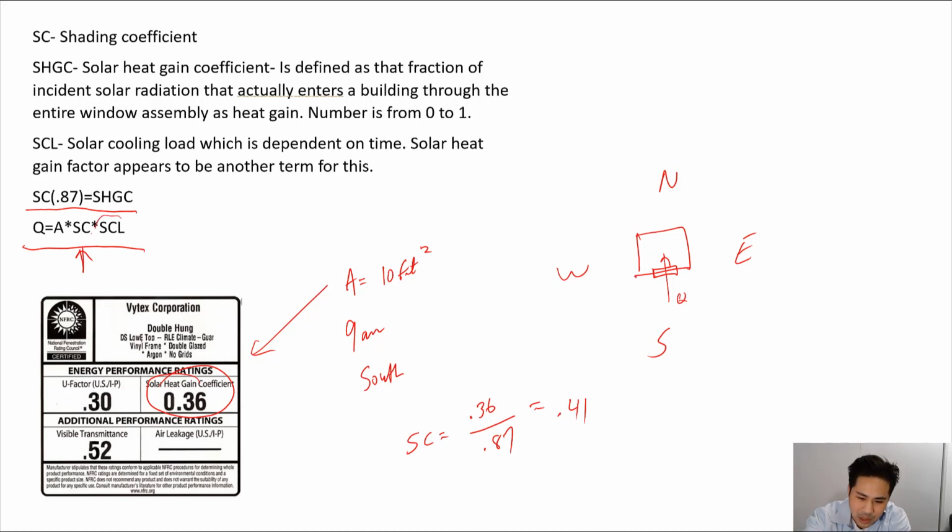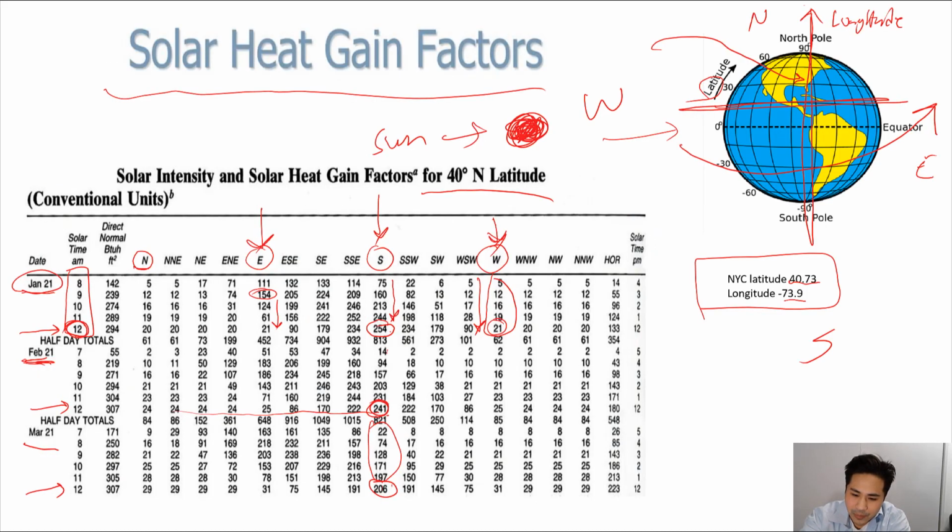Next, we need to get the solar cooling load, or the solar heat gain factor, from the table at 9 a.m. on the south side. So let's say it's occurring on January 21st, okay? So this one right here.